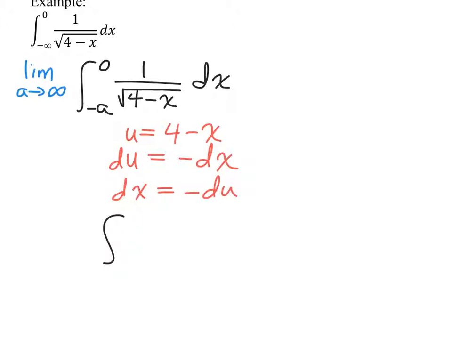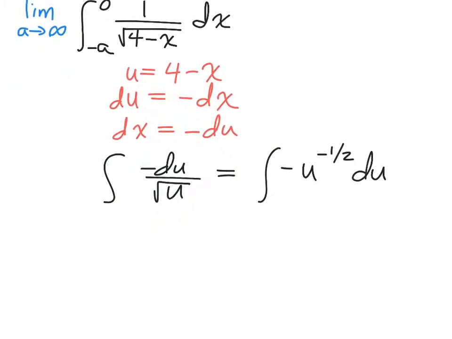I'll just ignore them. We're looking at negative du up top, the square root of u on the bottom, which equates to negative u to the negative 1/2 du. Integrate, so increase the exponent by 1. So u to the positive 1/2, and then divide by the new exponent. So divide by 1/2 is really the same as multiplying by 2.